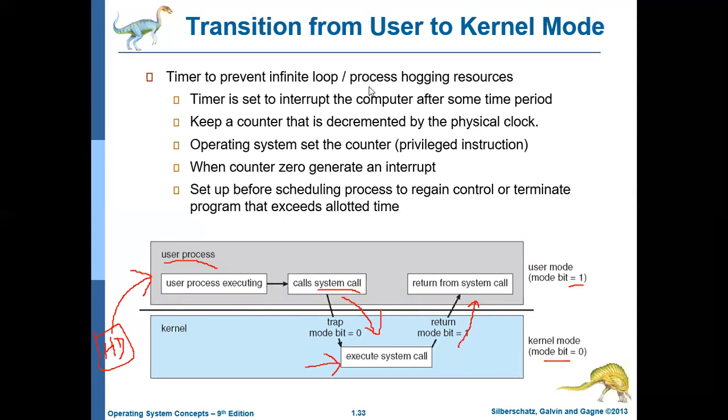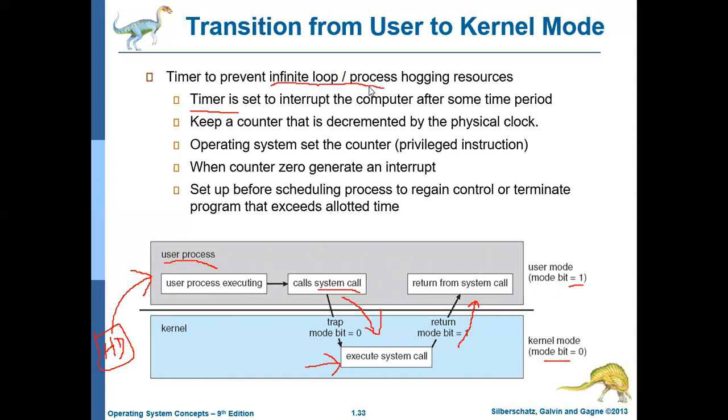Fine. The next thing we'll be discussing is the timer. Timer is an important concept used by the operating system to avoid any infinite loop or a process which is waiting for an IO device for an unlimited time or for a long period of time.